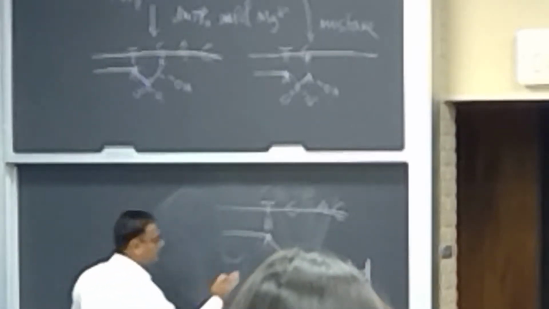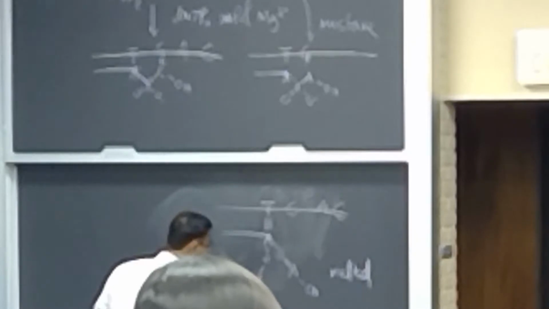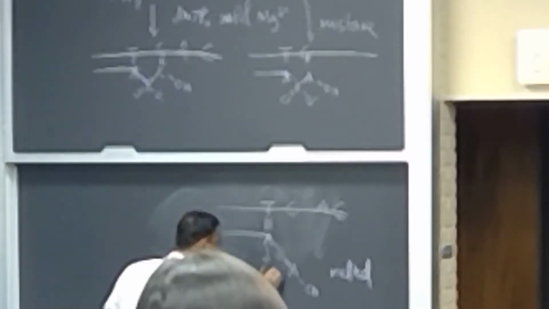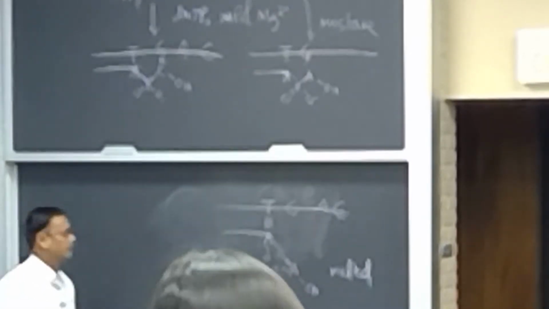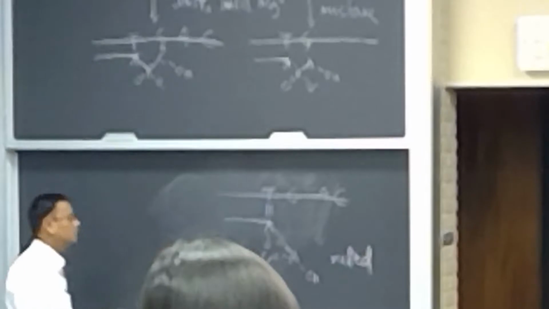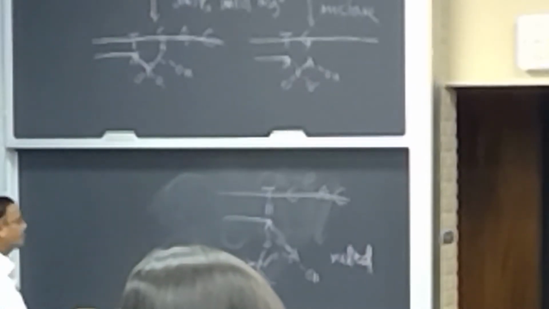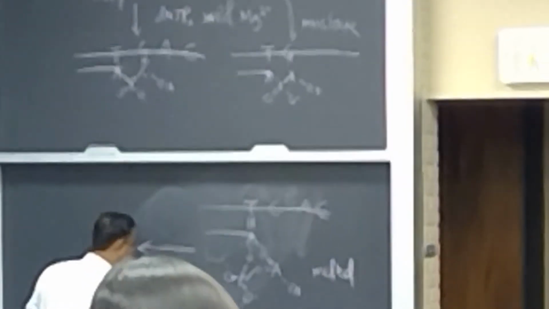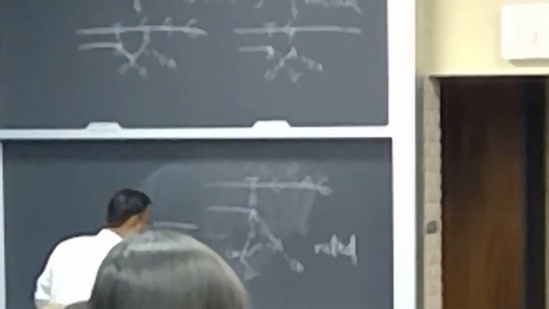So there is a phosphodiester bond here, O, P, correct? I'm writing in brief here, we'll do the chemistry with you. So what happens? DNA polymerase corrects it, so it does proofreading.